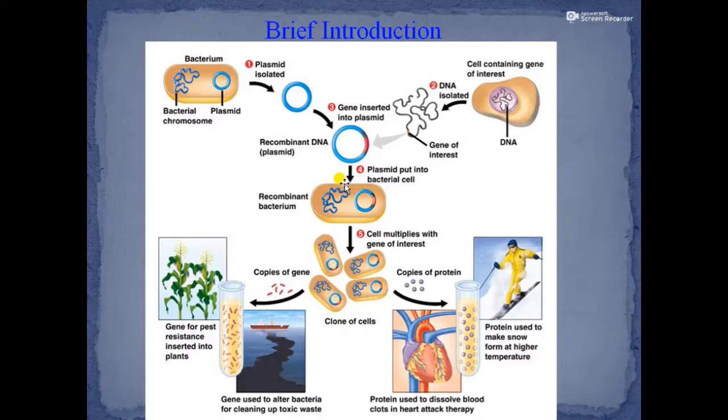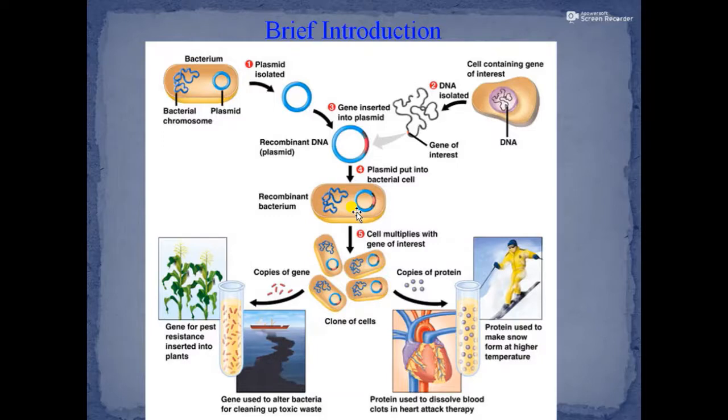If the recombinant DNA can multiply in a eukaryotic cell, you can put it into a eukaryotic cell also. But since in this example we have taken a plasmid, this recombinant is put into a bacteria.